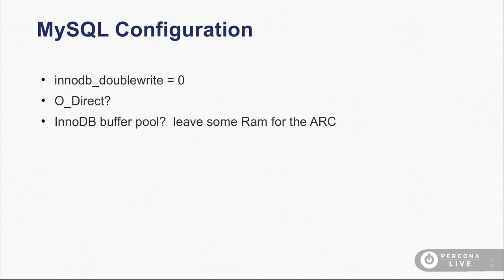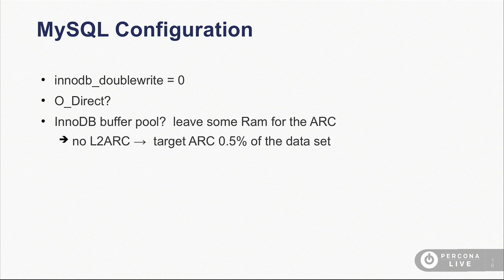We tend to push up to 80%. In that case, with ZFS, go down a bit to give some room for the ARC. If you have no L2ARC, you can target about 0.5% of the active data set size, but that's really not a hard rule.